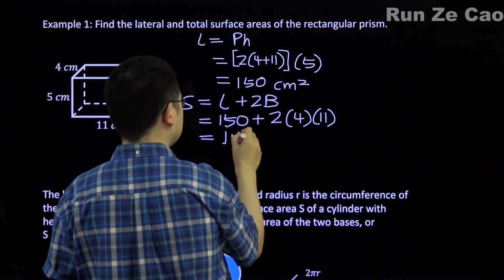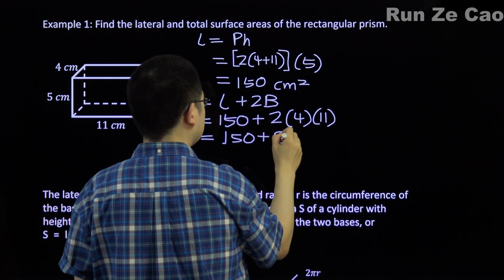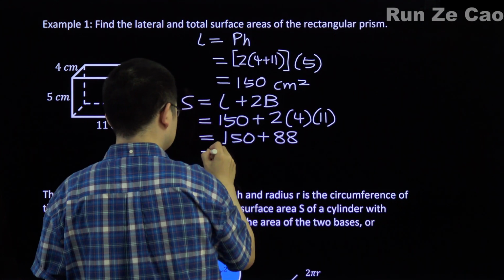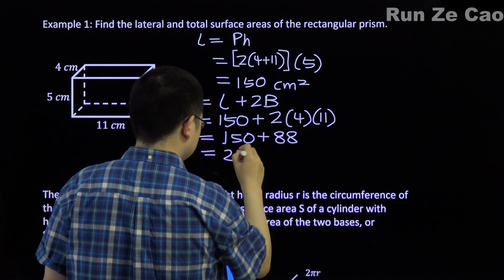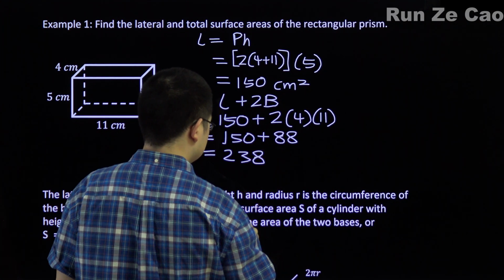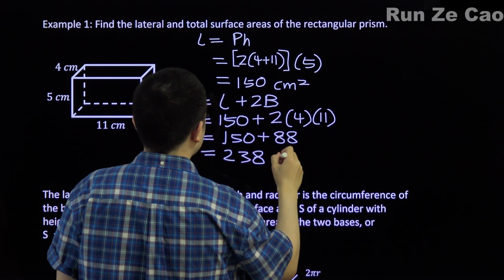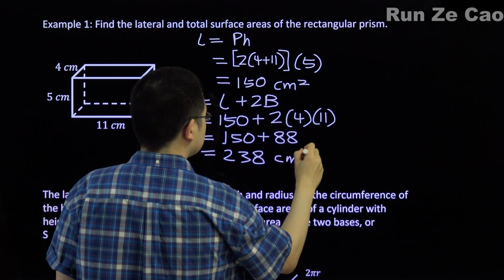So 150 plus 88, which is equal to 238. And the units, centimeters squared.